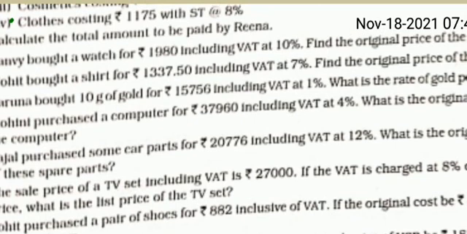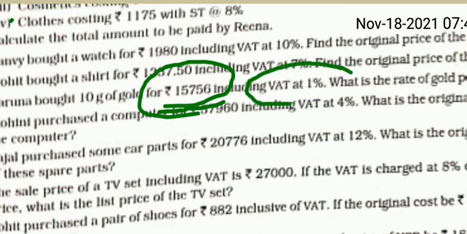Okay. Students, look at here. The overall price is rupees 15,756, and VAT percent is given 1%. So first of all, you have to find out the VAT in rupees.